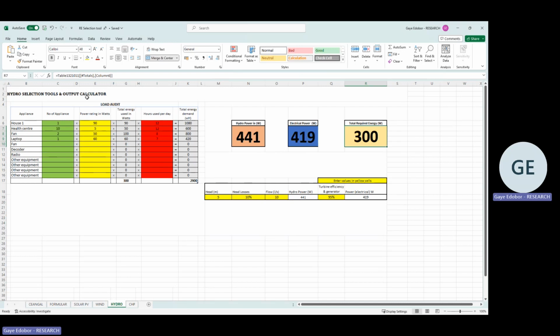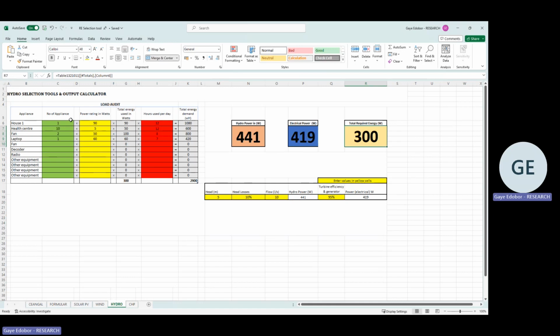So this is how to use this particular tool. So you have an idea of a design you want to do. If you're going to the market to get a mini hydro, you know what you can power and what you can do. And yes, that is the guide and how this tool represents itself.